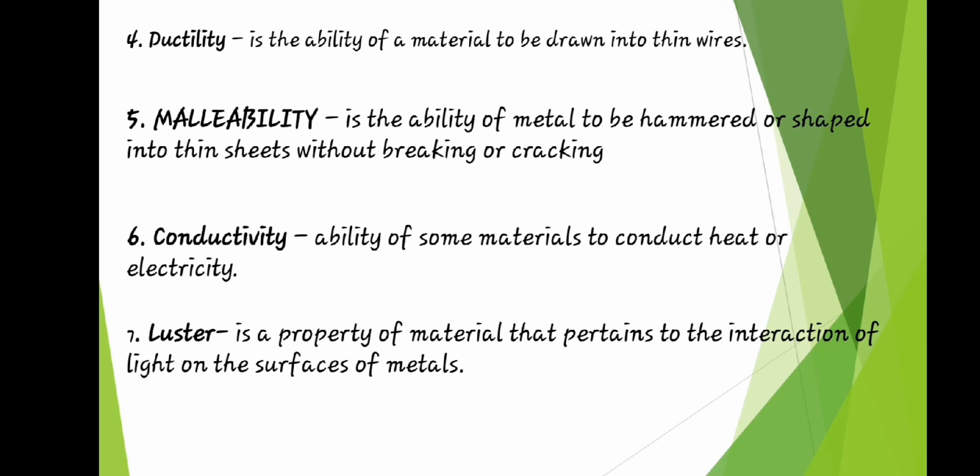Another material property that can be described as a physical property is conductivity. As I said a while ago, physical properties can be described not only by density, malleability, ductility, and so on, but also by means of electrical conductivity. Conductivity is the ability of some materials to conduct heat or electricity.